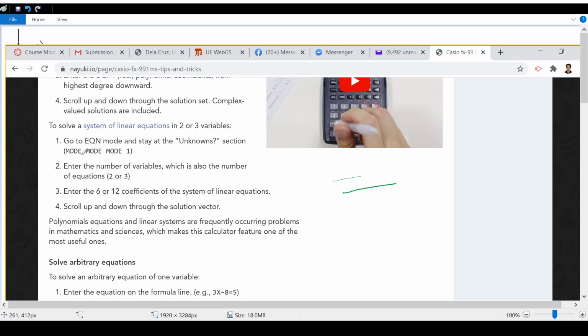In this model, you go to equation by pressing mode and pressing 1. Then the calculator will ask you the number of unknowns, so you choose 3. Then the calculator will ask you to input the values in matrix form.